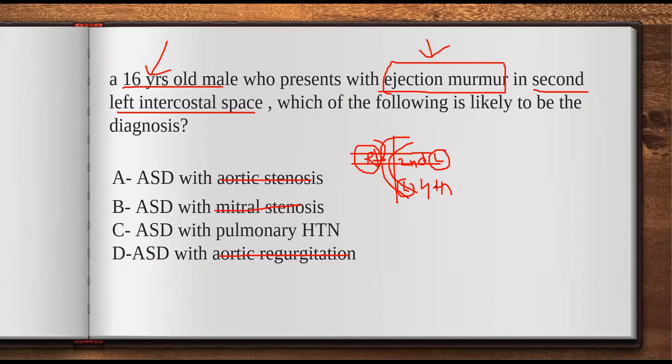The main thing from here is that any pulmonary problem, whether pulmonary stenosis or pulmonary hypertension, you will get a murmur in the second left intercostal space. No aortic or mitral valve problem will give you a murmur in the second left.